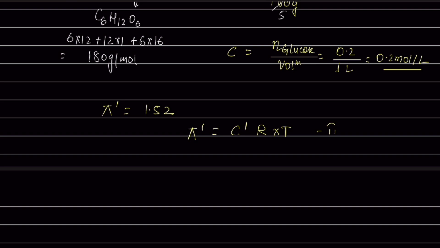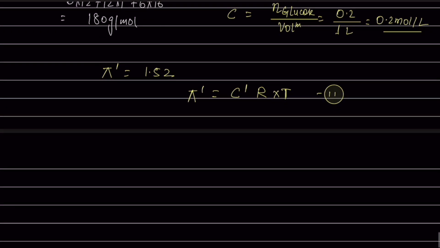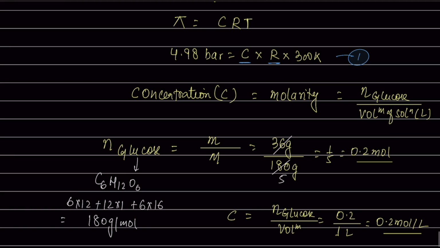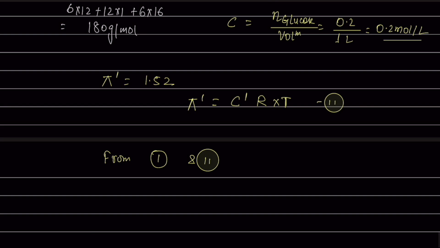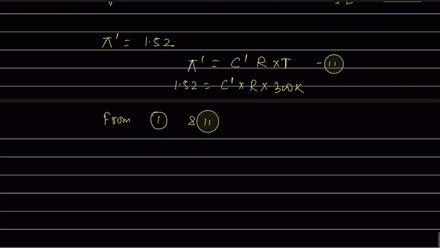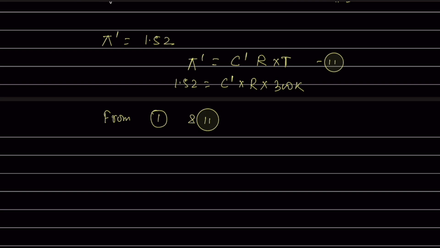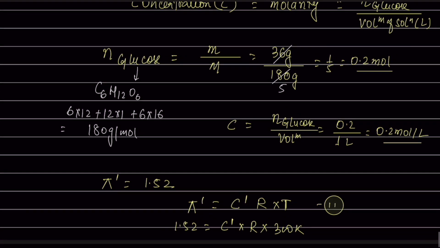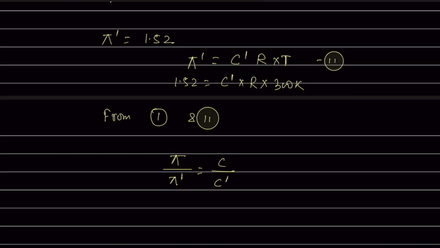If this is our second relation, then from the first and second relations, if we substitute the pi dash value as 1.52, it is equal to C dash into R into 300 Kelvin. So we have to divide them. We can write pi by pi dash is equal to C by C dash, because R gets cancelled and the temperature also gets cancelled because they are the same.